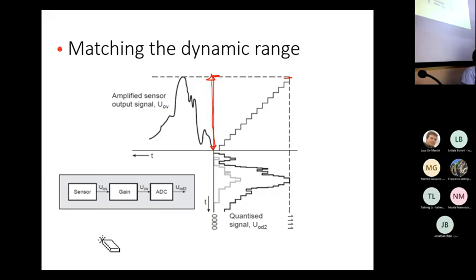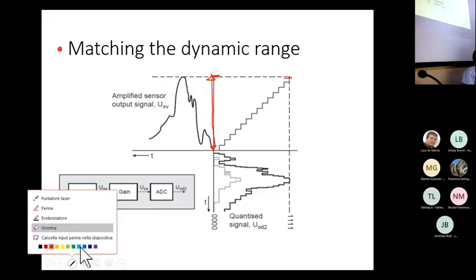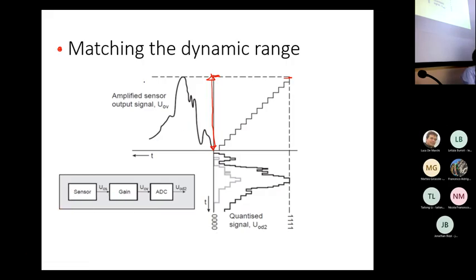Therefore, now the sensor output after this gain stage matches perfectly the limit of the input range of the A to D converter.